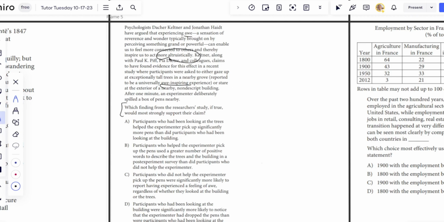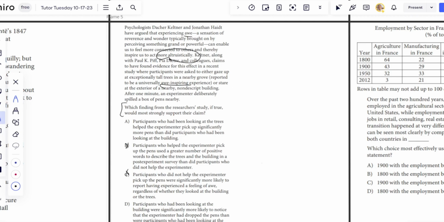Let's just look at the other ones though. Participants who helped the experimenter pick up the pens used a greater number of positive words to describe the trees. No. We want the experience to help them act more altruistic. Did not help the experimenter, was significantly more likely to report having experienced a feeling of awe.